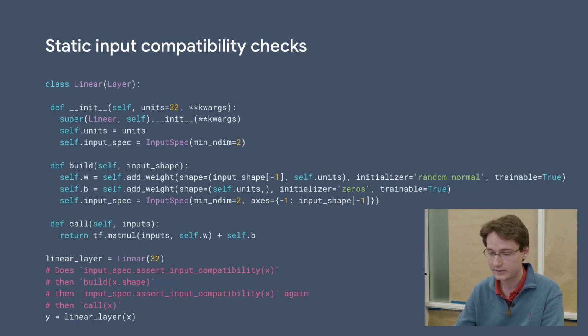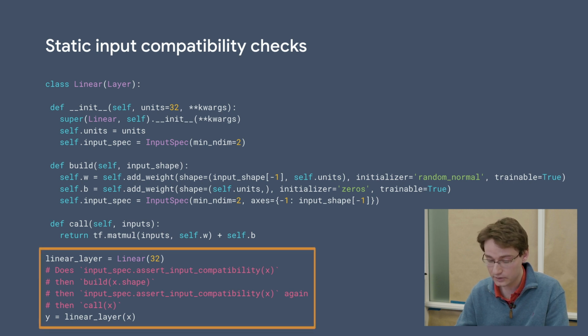So let's talk about static type checking. When you create a custom layer, you can set an input_spec field on it, which has to be an instance of the InputSpec object, or a nested structure of InputSpec objects, describing the expectations the layer has about what you should be calling it on.